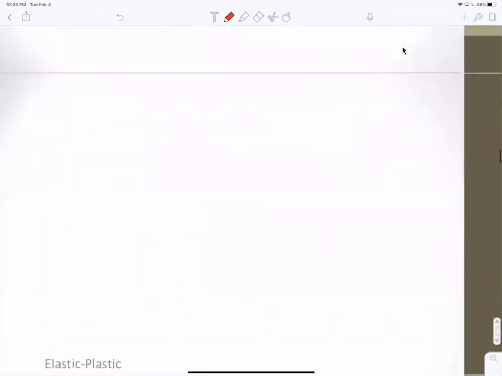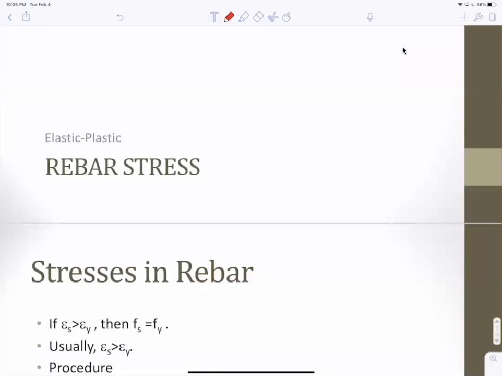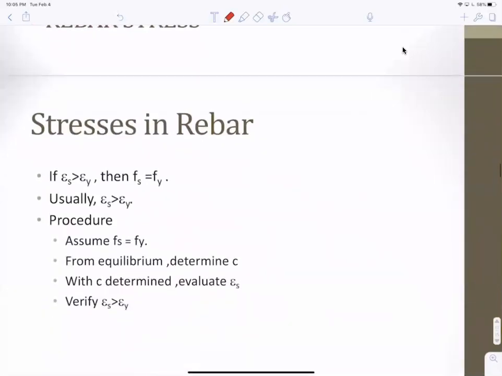Okay, let's talk about the rebar stresses. They're going to be something we call elastic plastic. Okay, if the strain in the rebar is above the yield strain, we're just going to say the stress is equal to Fy, and usually the strain is above that. And so let me draw a picture of what it looks like. So here's strain, here's stress.